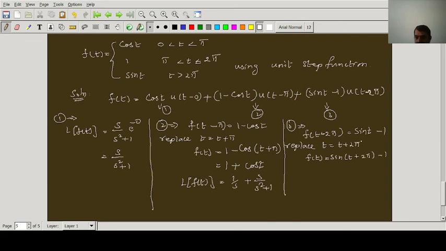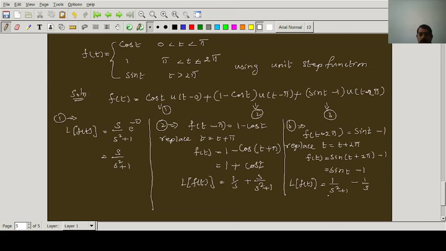Here t is replaced by t plus 2 pi, and the constant is there, so we cannot substitute values. Now sin of 360 degrees plus t: first quadrant, sin is positive, and for 360 degrees the ratio remains the same. So sin will be sin, and we can write it as sin t minus 1. So the Laplace of f of t is nothing but 1 by s square plus 1, and 1 can be written as 1 by s.